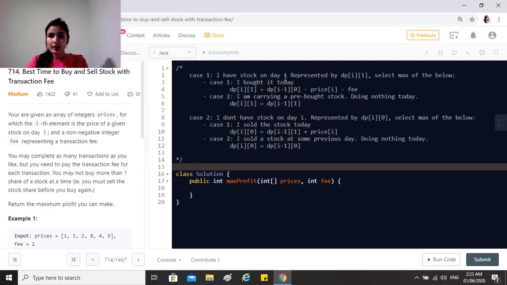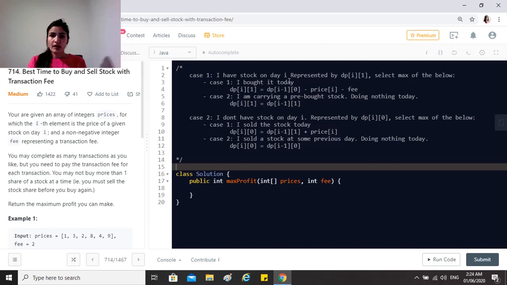So if I'm buying it today, then it means that I did not have a stock yesterday. So we'll use the i minus 1th day's 0 value, that is no stocks on that day.